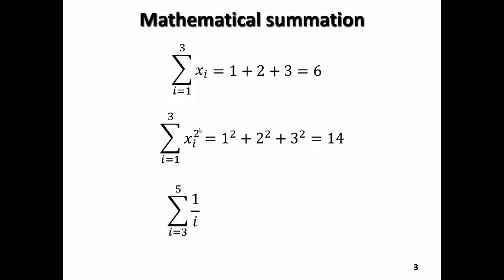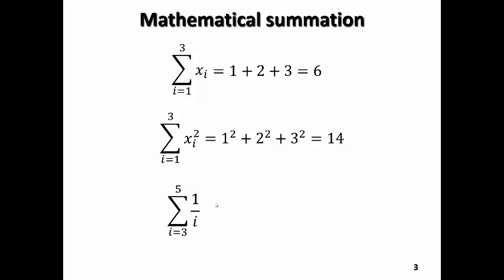Once again, the square term doesn't change. That's going to be a constant all the way through. So we substitute 1, so we have 1 squared. We then add that to the next number following 1, which is 2 squared, plus 3 squared, and we stop at 3. We carry out this operation and we end up with the number 14.